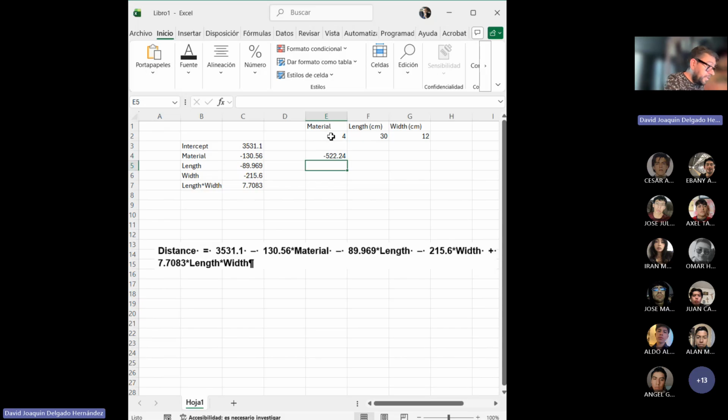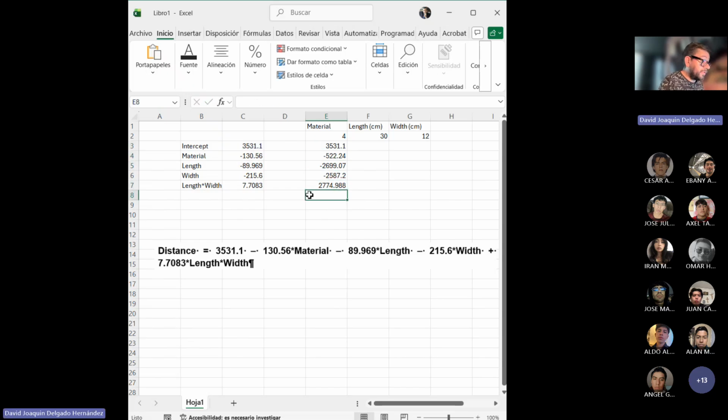Then length, it will be this coefficient times the length. Then I am going to multiply this coefficient width times this width. And finally, I am going to multiply this coefficient times both length times width, okay? And this quantity remains constant, so it is exactly the same.